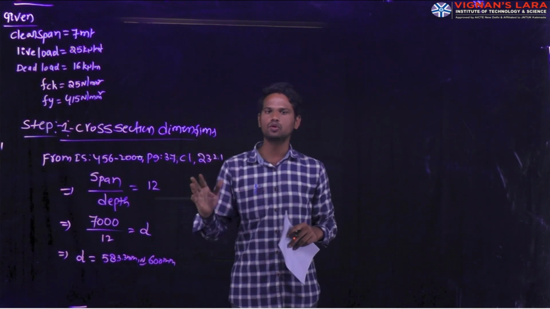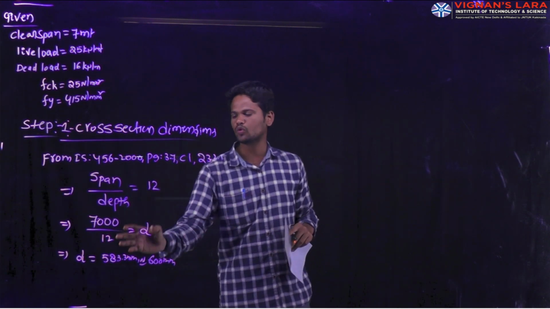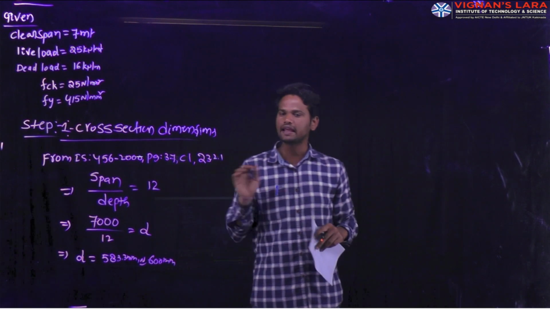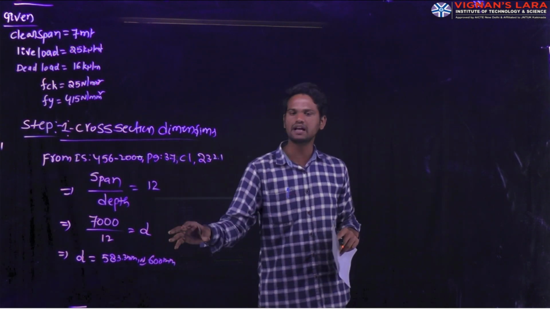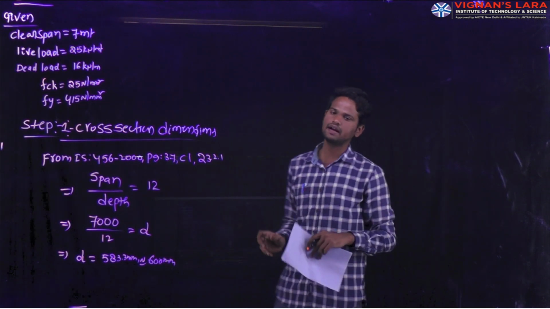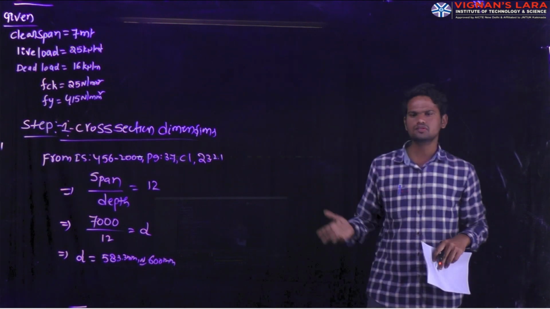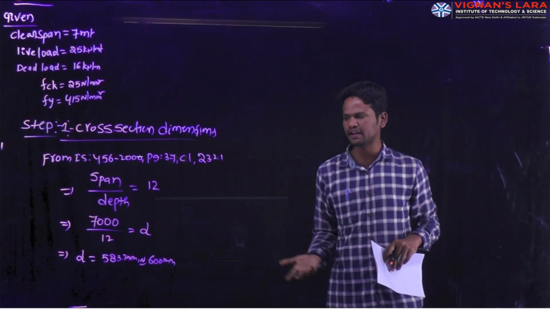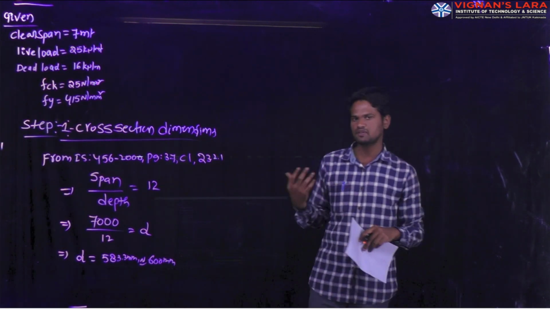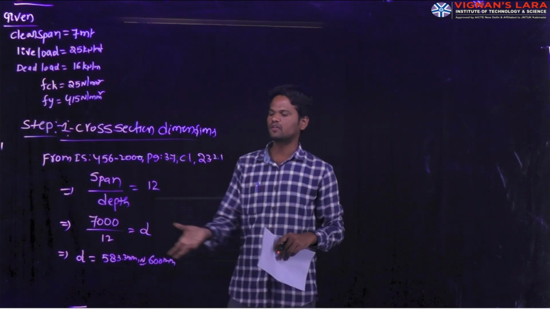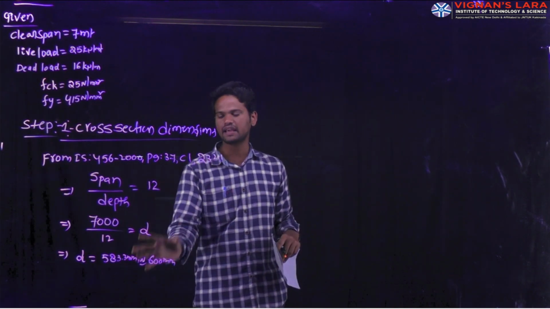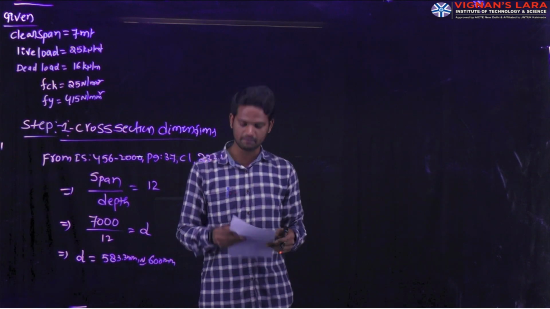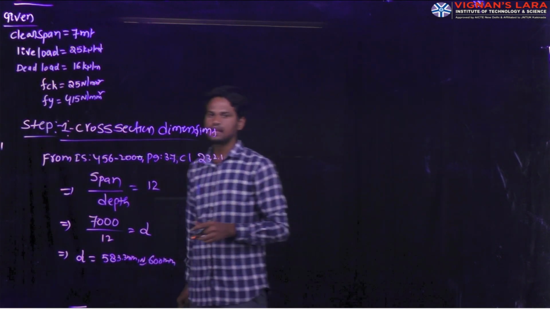To reach that moment, instead of 583, I am taking this extra depth, 600 mm. You can also take 580, 590, or 610, no problem. For my requirement, I am taking the effective depth of the beam as 600 mm.